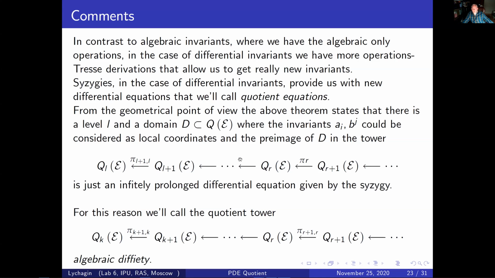And this really means that this tower that we constructed, when we took quotients of our equations by the action of our group, looks like an infinitely prolonged equation. So we take this differential equation and take prolongations of it.